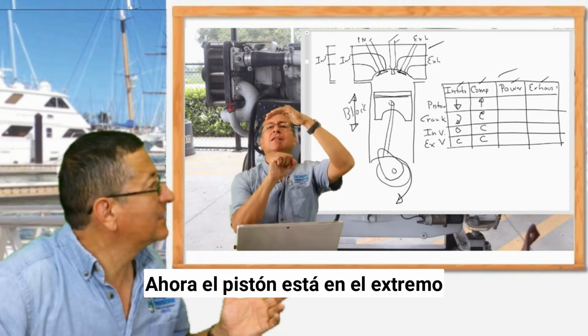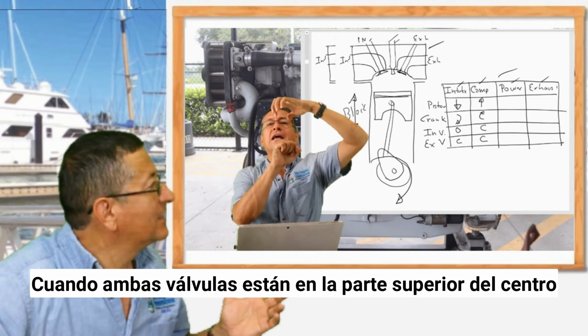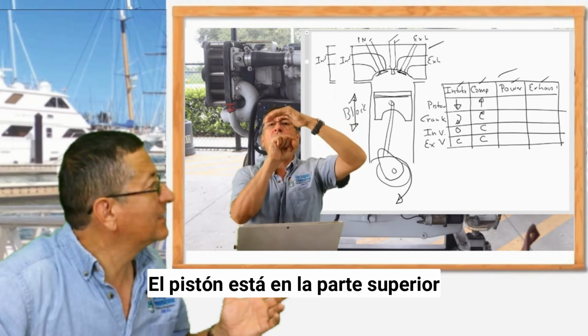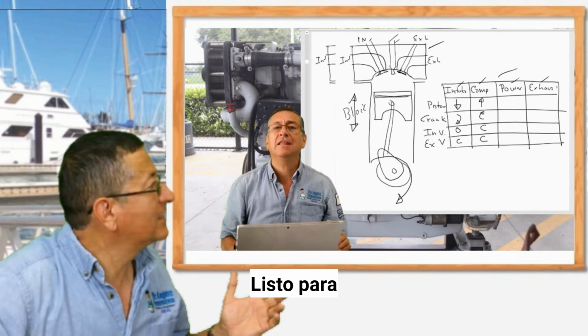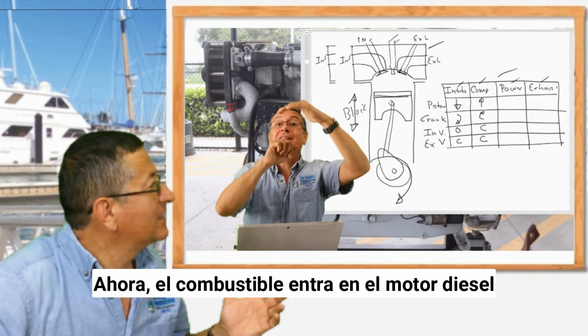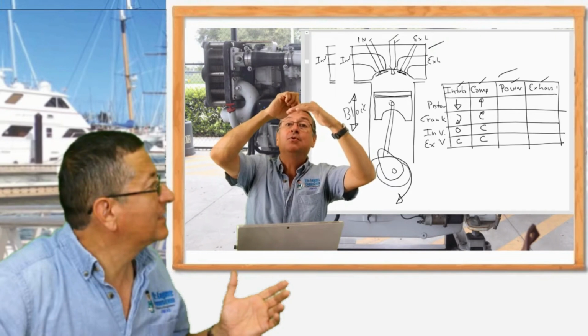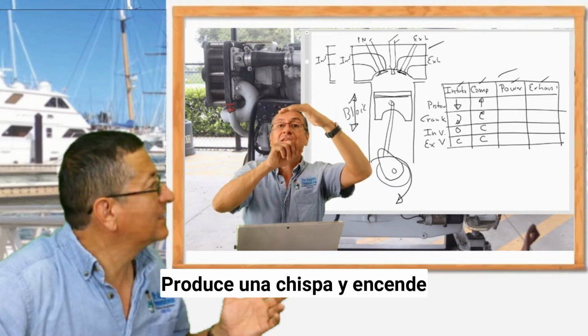Right now the piston is at the end, on top dead center, when both valves are closed. Now the fuel enters in diesel engines and produces the explosion, or the spark plug produces the spark and ignites the mixture.